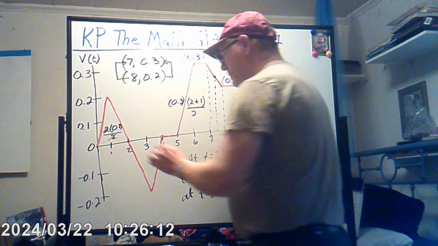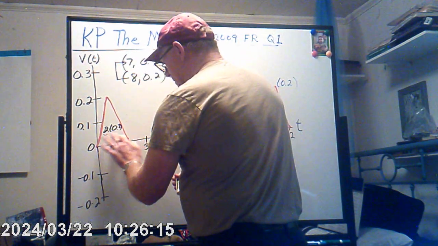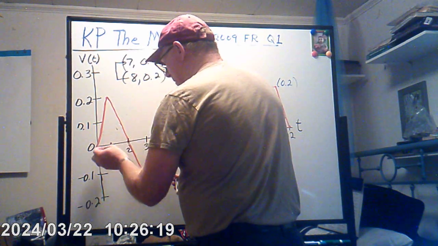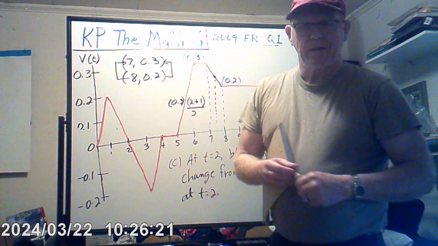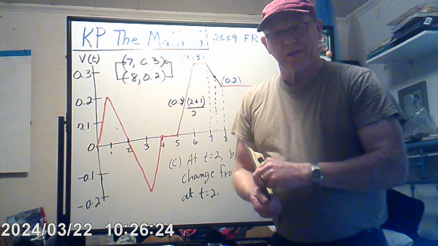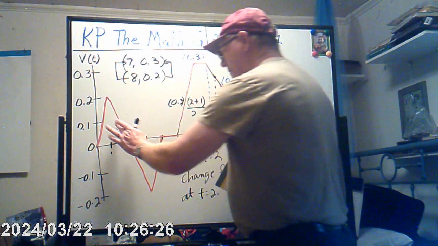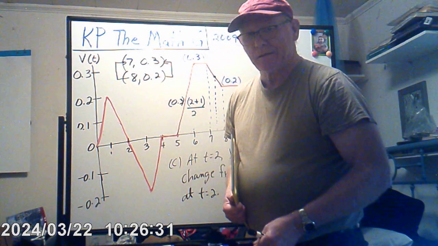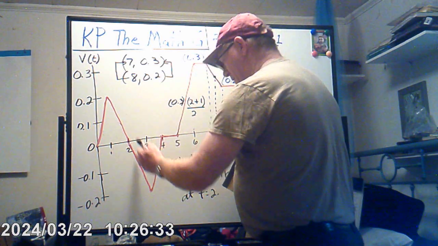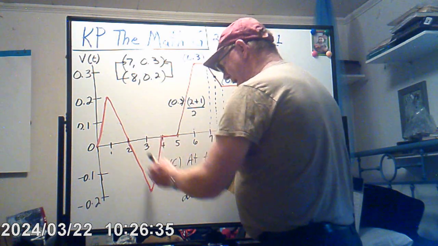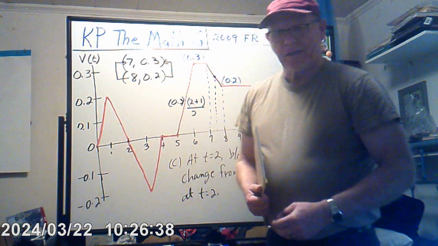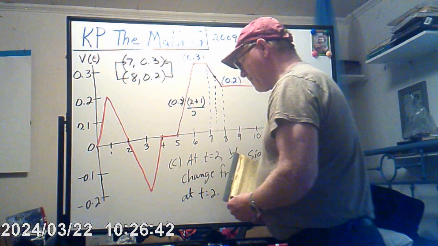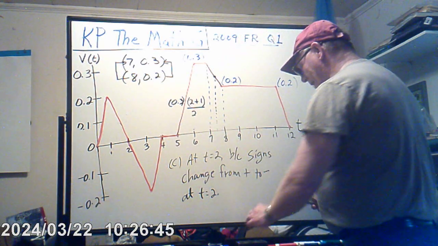This is when the velocity is, you remember that if something is going to the right, then at this point it's going back to the left, isn't it? It's below the t-axis, so this means that she's turning around right here. And so that would be C part.